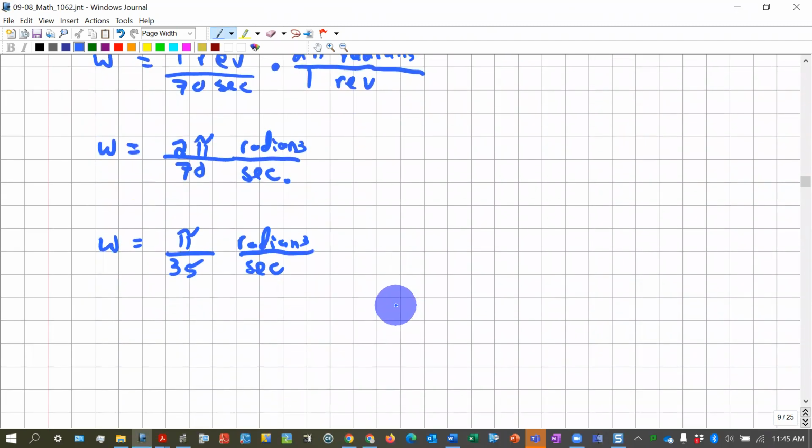And you can write that as 2 fractions multiplied together, or you can write it as 1 fraction. Sometimes in physics, they'll write pi over 35 radians, and then they'll put seconds to the negative first power, because a negative exponent means take the reciprocal, right?